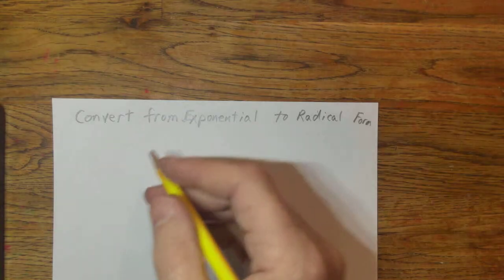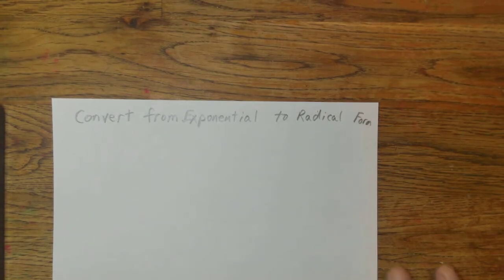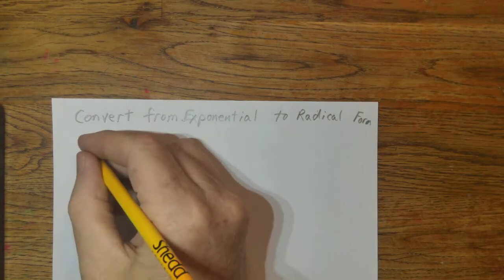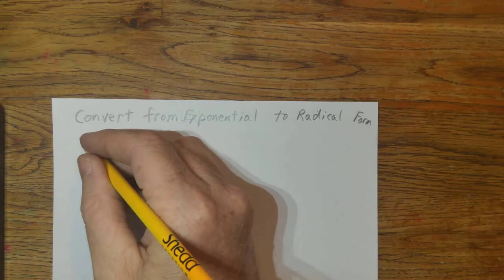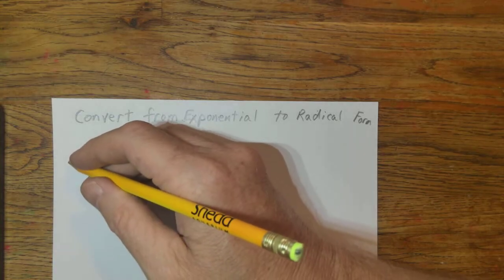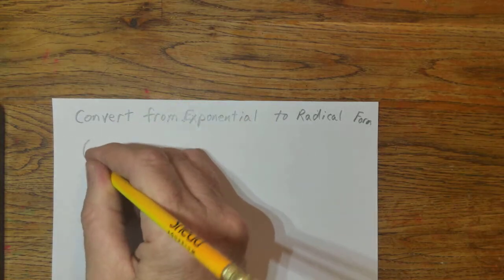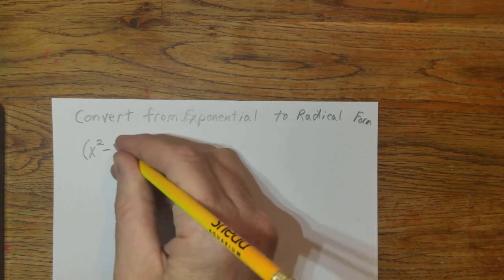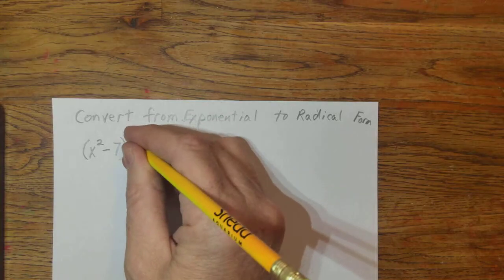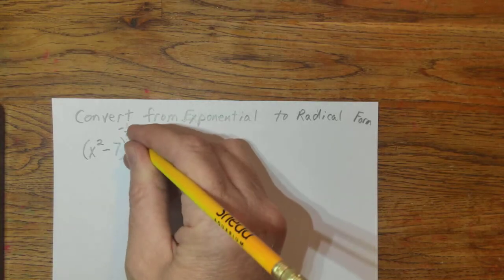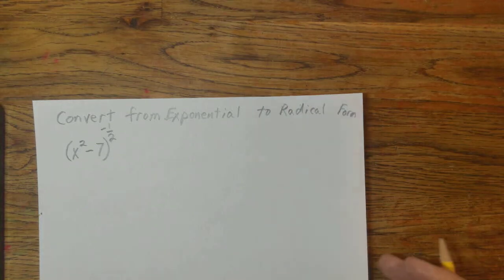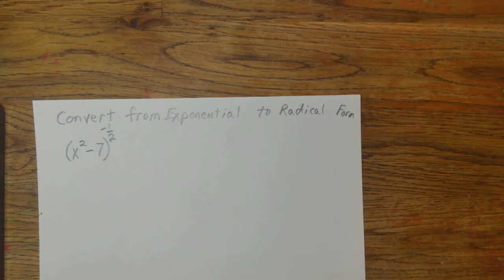Let's take an exponential expression here. x squared minus 7 to the negative 1/2 power. I want to convert that to radical form.